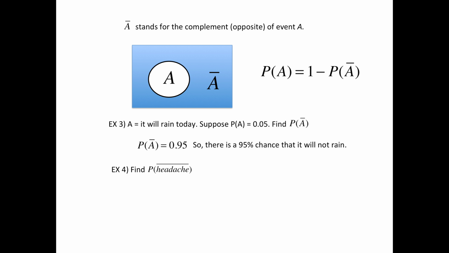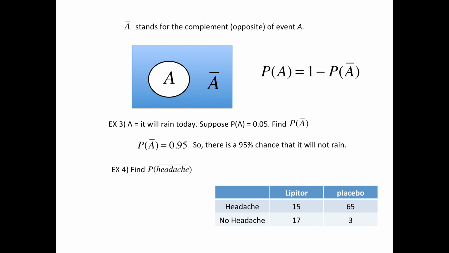And then the next example, go back to that table with the headache and the Lipitor. So what's the probability that it's not a headache? So let's see. This means headache, but a bar over it means not. It means the opposite. So the opposite of headache is no headache. So that's these 17 plus 3 people down at the bottom.